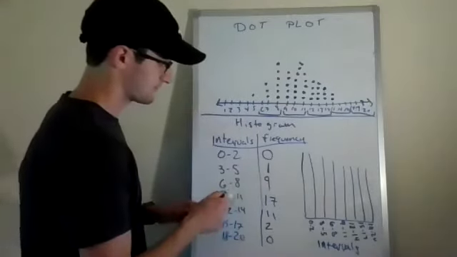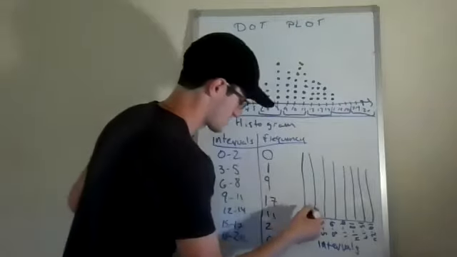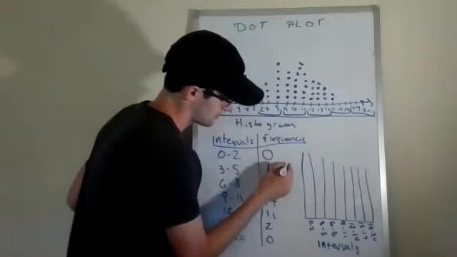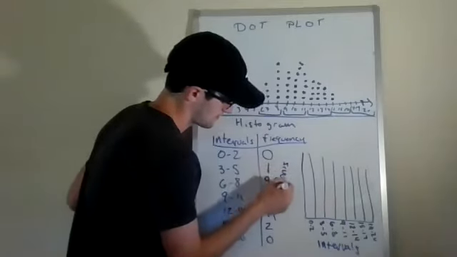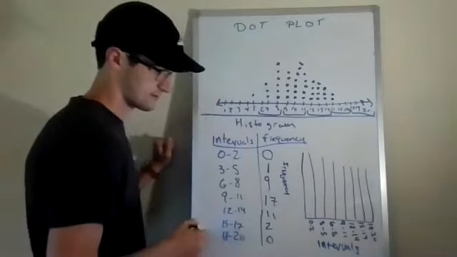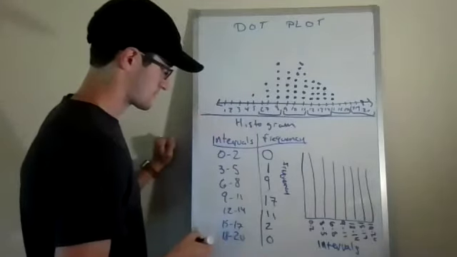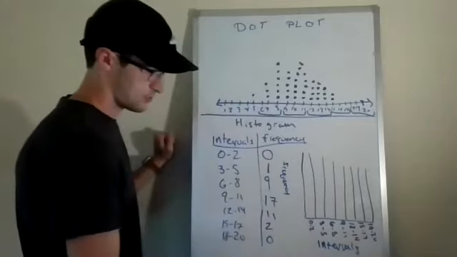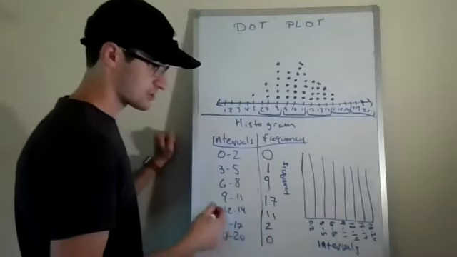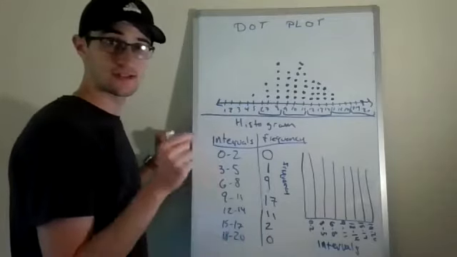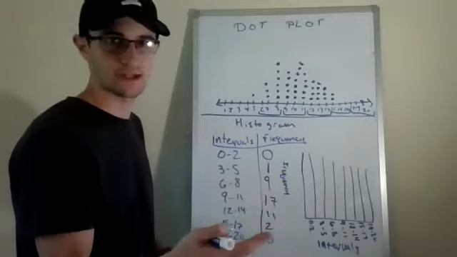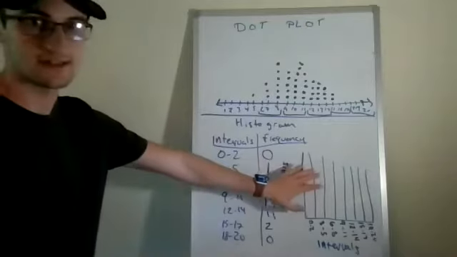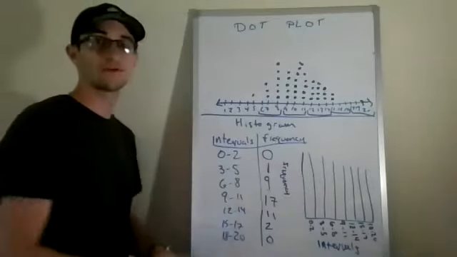Now along the side, these are going to be our frequencies, okay? And 17 is the most frequent. Now on your graph, you will shade each cell per frequency, okay? I'm not going to draw 17 lines because it's going to get insanely messy, but I'll walk you through it as we go.